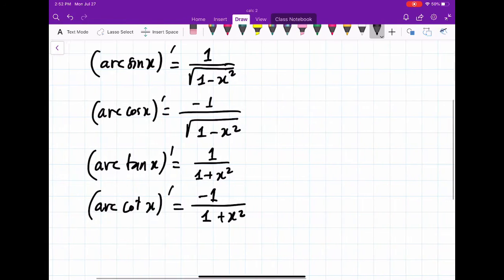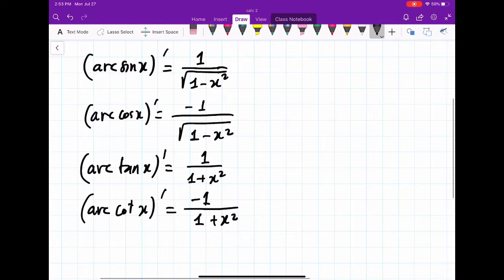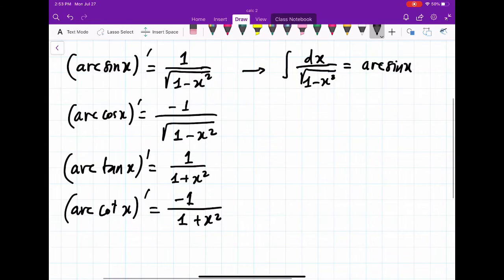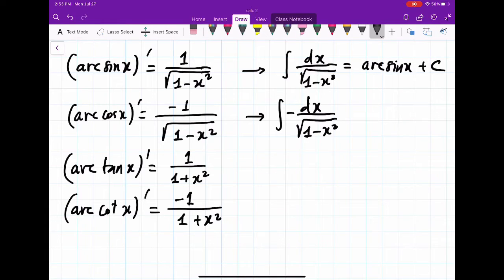Based on these formulas, you can write the integral of dx over square root of 1 minus x squared is equal to arcsine of x plus constant. And here, with the negative, dx over square root of 1 minus x squared is also arccosine of x plus c.